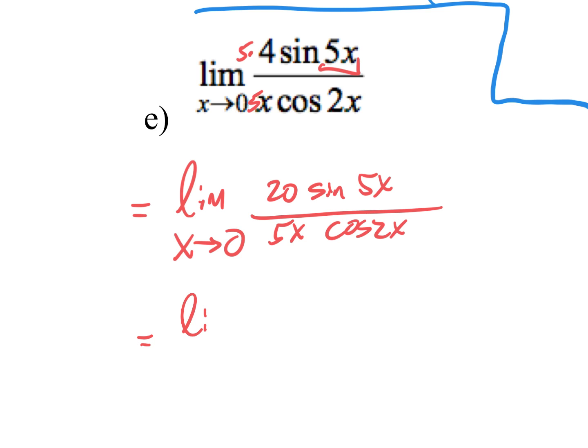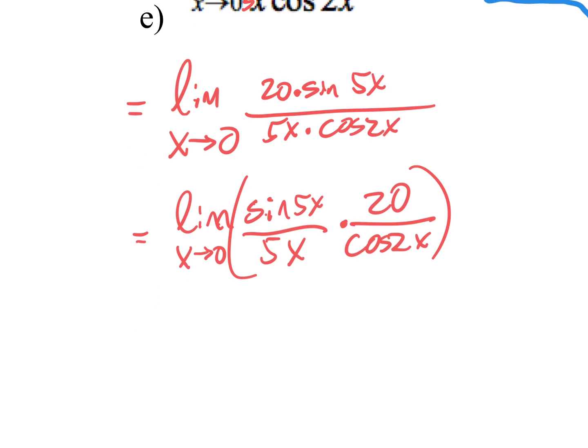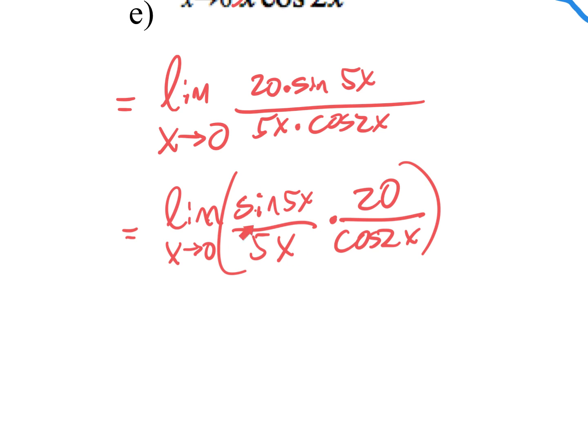Okay, so we want to kind of rearrange this limit as x goes to 0. This is all multiplication here: sine of 5x over 5x times, we still have the 20 and the cosine 2x. And that's all in the limit. Well, we're going to take the limit of both of these here.